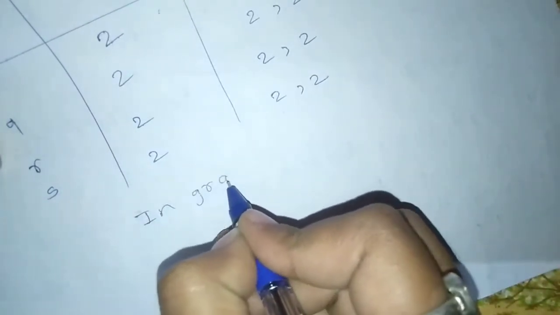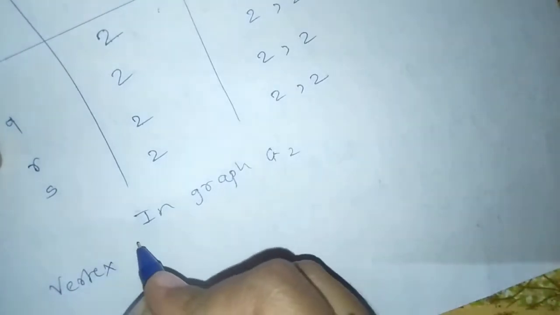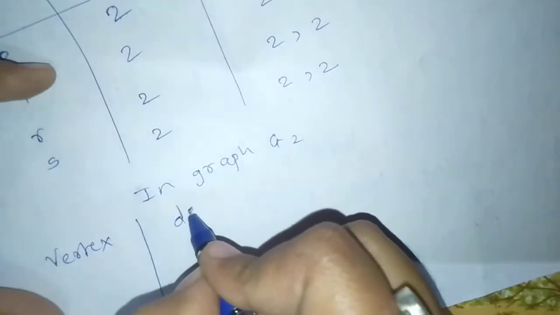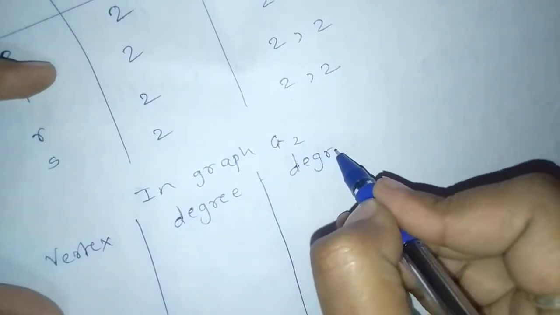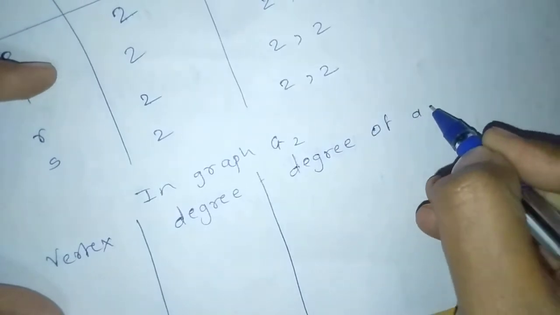Now for graph G2, write down the vertex, next the degree, and the next column is for the degree of adjacent vertices.